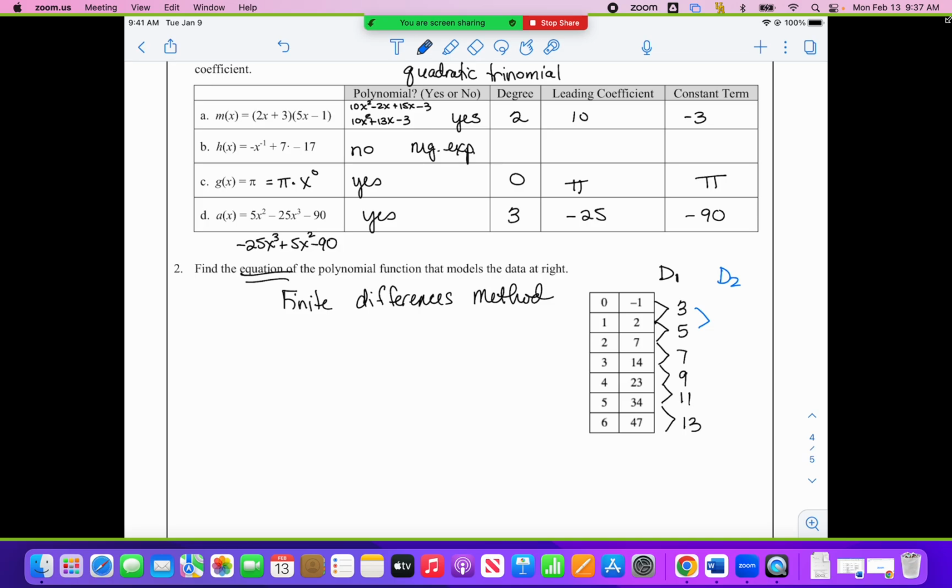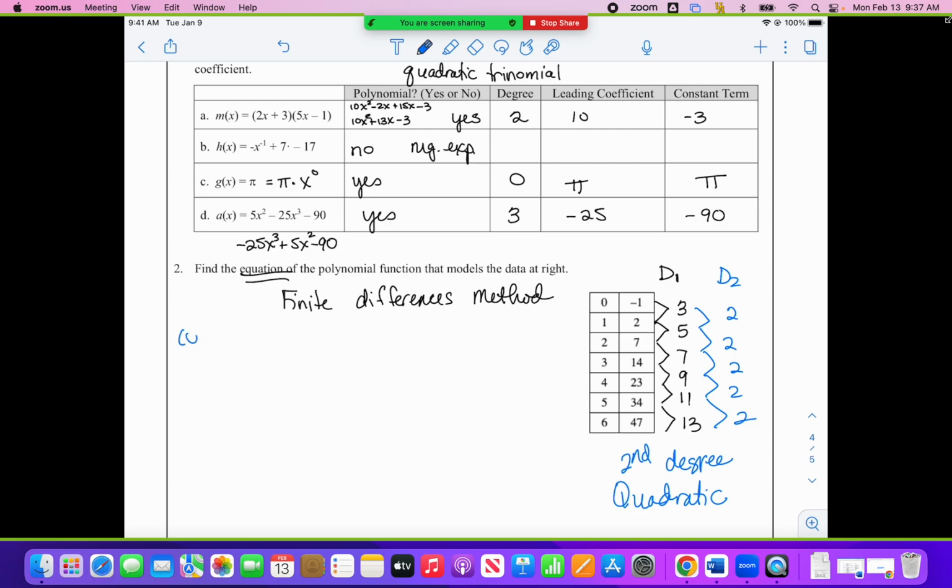Okay. So this is 2, 2, 2, 2. So it isn't because the difference is a 2. Okay, I don't want to mislead you. This was probably maybe a bad example. It's not because the difference is a 2. It's because the differences are all the same. Okay, so this is second degree or quadratic.